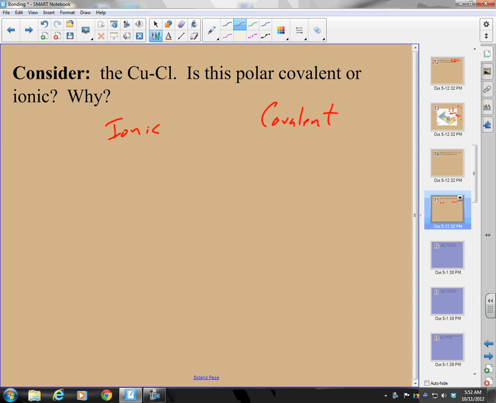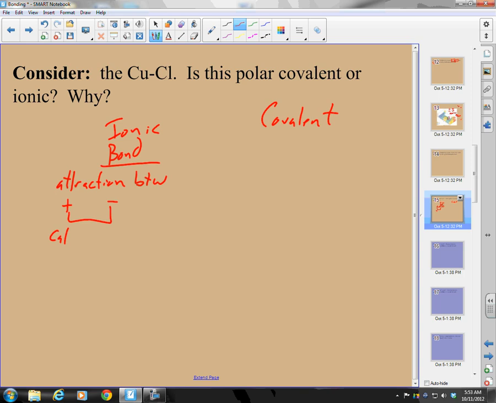And we said what happens in an ionic bond. What happens in an ionic bond? Well, I have an electrostatic force of attraction between a positive cation and a negative anion, and that creates my bond, the attraction of the positive to the negative, right?